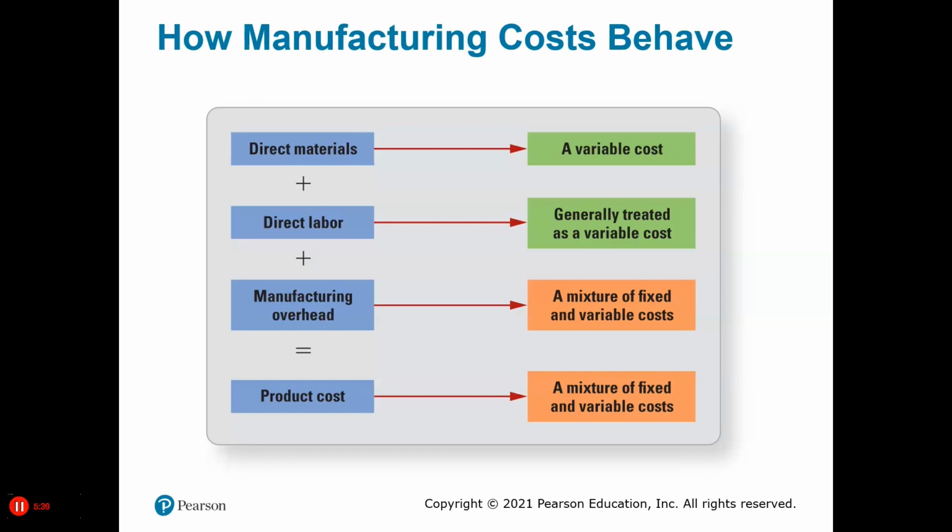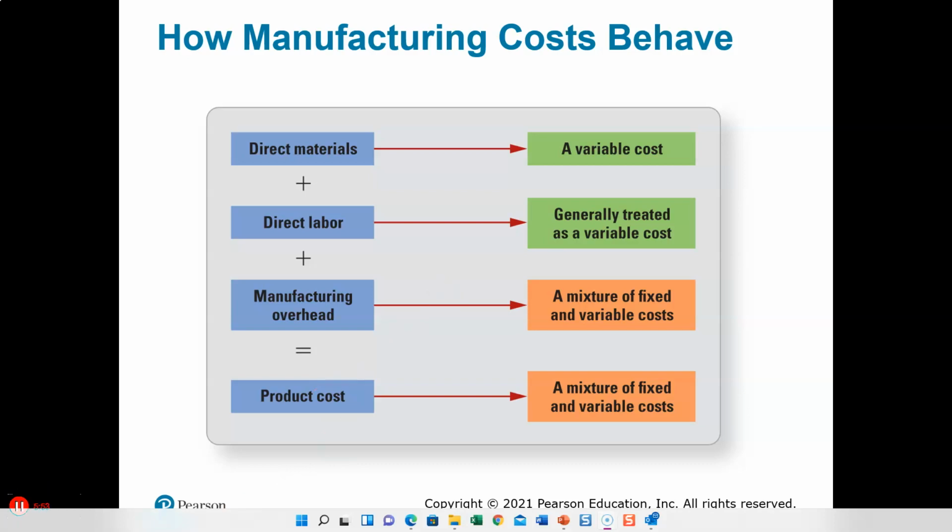Now, how manufacturing costs behave. Direct materials and direct labor are usually considered variable for all of our analysis. Manufacturing overhead includes a mixture of fixed and variable costs, and because of that, product cost is always going to have a mixture of fixed and variable costs.